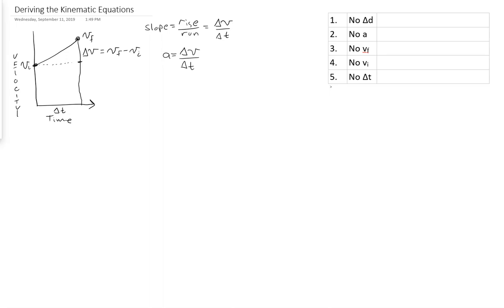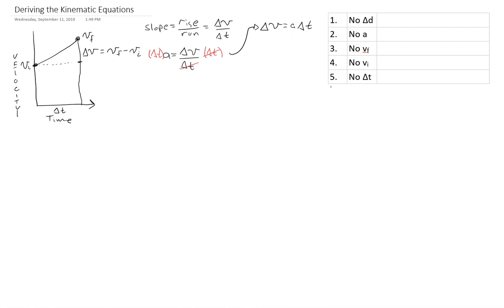And now I'm going to do some algebra, and I'll multiply both sides here by change in time. So this will cancel with that, and my change in time will come over to this side. Once I've done that, I'll rewrite this up here. So I've moved that around. I'm also going to switch change in velocity and delta t to the opposite side. So I'll have change in velocity is equal to acceleration times time.